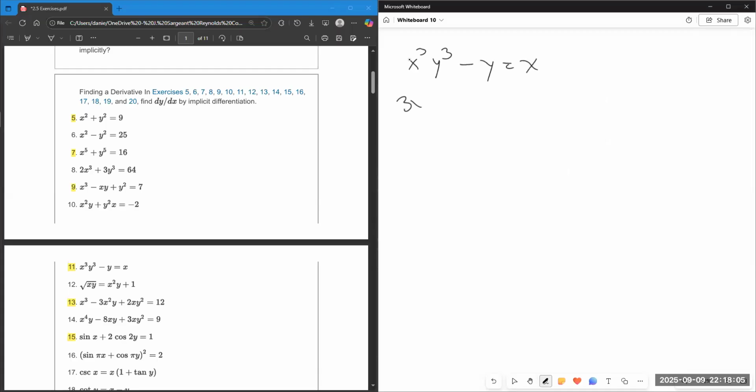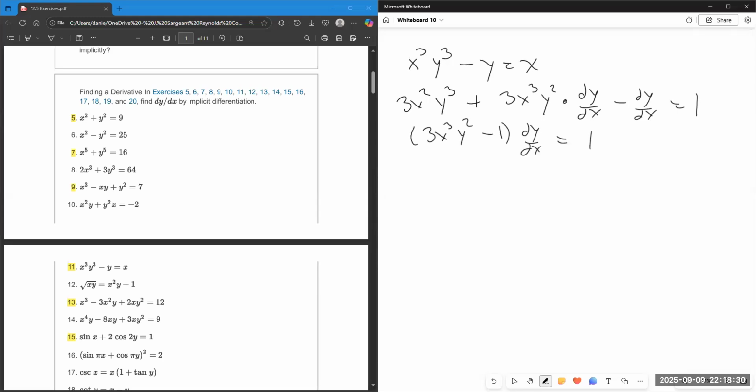So we have 3x squared y cubed plus 3x cubed y squared times dy dx minus dy dx is equal to 1. Keep my dy dx terms on the left, 3x cubed y squared minus 1 dy dx.